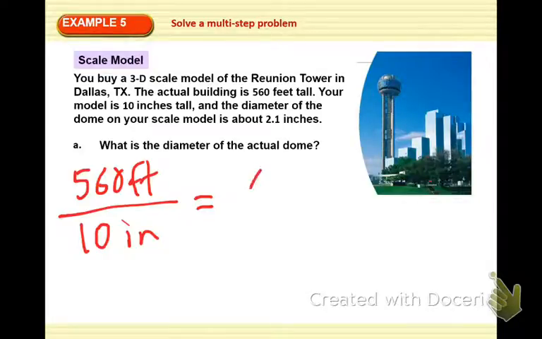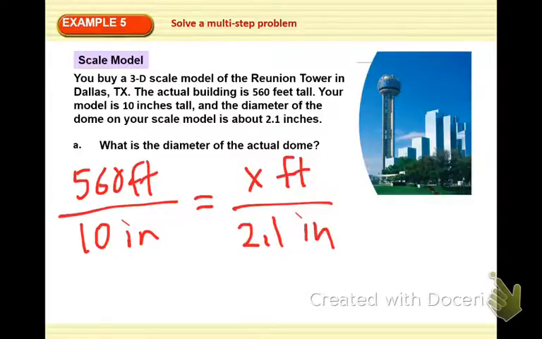Cross multiply and solve. So if we cross multiply and solve, go ahead and do that work.